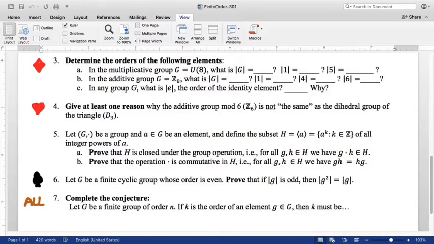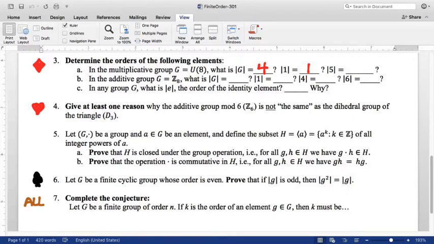Let me first talk to the Diamonds group, just to get how you filled in these blanks. So the multiplicative group U8, first of all, what's the order of that group? 4. There are 4 residues mod 8 which have multiplicative inverses. What was the order of the element 1? 1, because how many times do you have to multiply 1 by itself to get the identity?